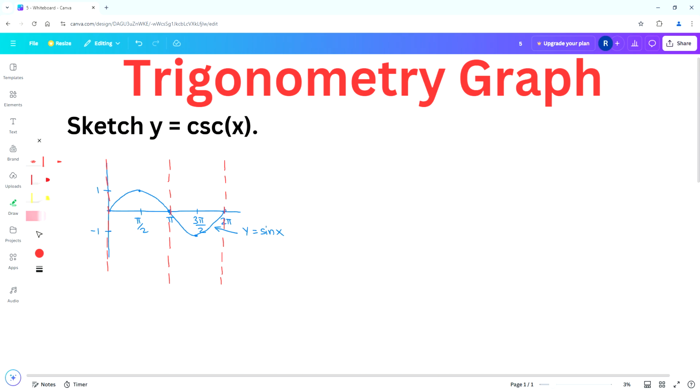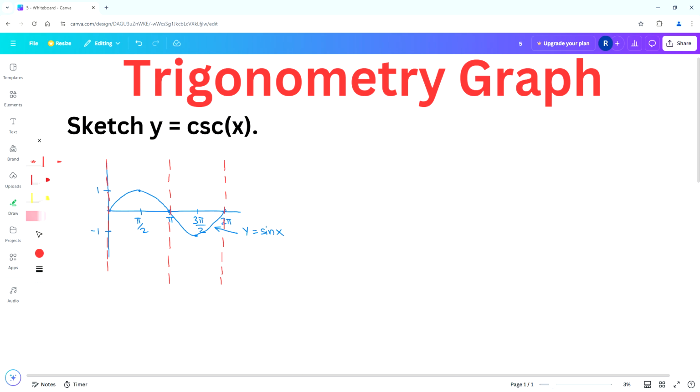The graph of cosecant x is in the form of curves that lie between consecutive vertical asymptotes. The curves don't touch the vertical asymptotes. Between the vertical asymptotes at 0 and pi, the curve for cosecant x is like a parabola that opens in the upward direction.